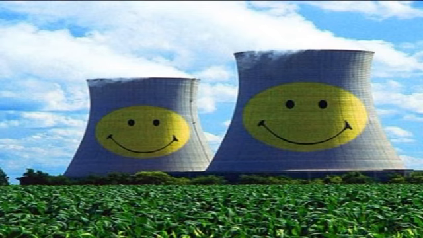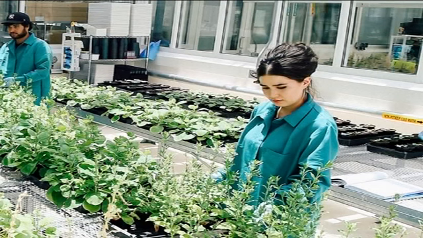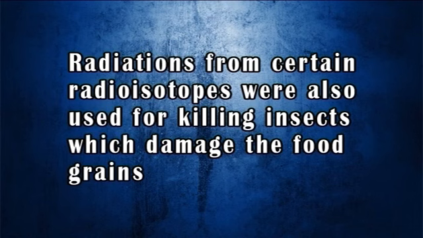Radioisotopes were used for producing high yielding crop seeds to increase the agricultural yield. Radioisotopes were also used for determining the function of fertilizers in different plants. Radiations from certain radioisotopes were also used for killing insects which damage the food grains.